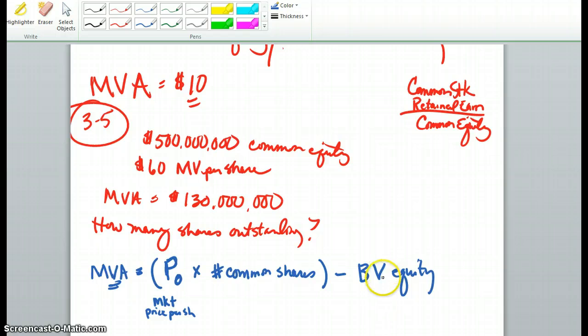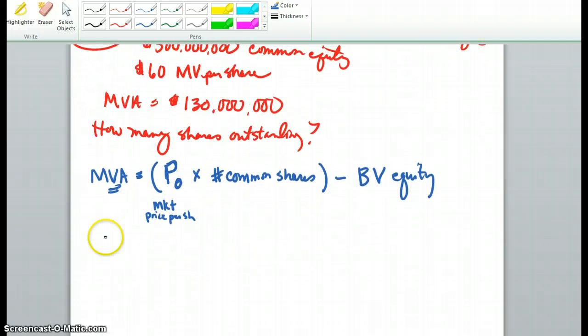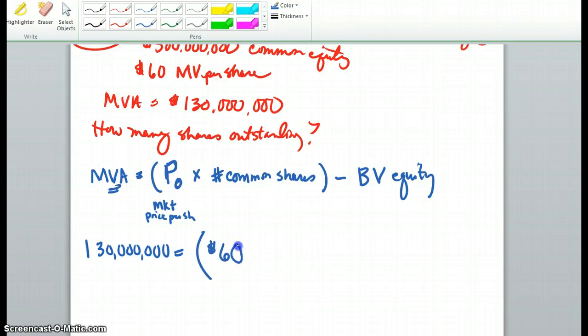We have in this case the market value added. So I'm going to put in $130 million because the problem tells us the market value added for the whole company is 130 million, and that is because the price per share is $60.